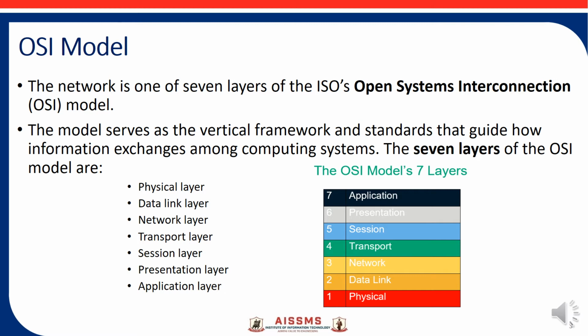This transport layer manages the delivery and error checking of data packets. It also regulates the size, sequencing and ultimately the transfer of data between sender and receiver. One of the most common examples of a transport layer protocol is TCP, or Transmission Control Protocol. The fifth layer is the session layer.